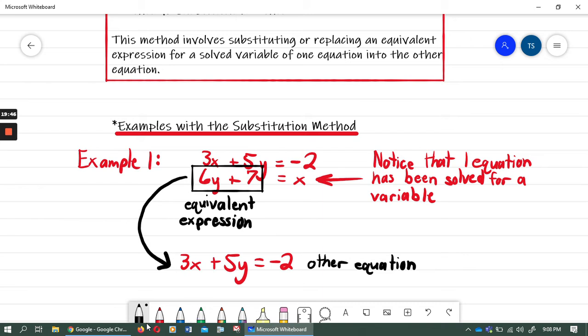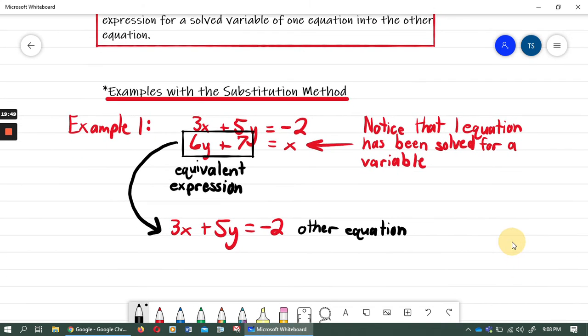All right, and the place where we're going to substitute that equivalent expression is simple. When we say that this is an equivalent expression, what is this an equivalent expression for? This 6y plus 7 is equivalent to what? It's an expression that's equivalent to x, right? Because we know that an equation sets two equivalent expressions equal to each other. So this expression 6y plus 7 is equivalent to none other than x. So what we need to substitute in this other equation is x.